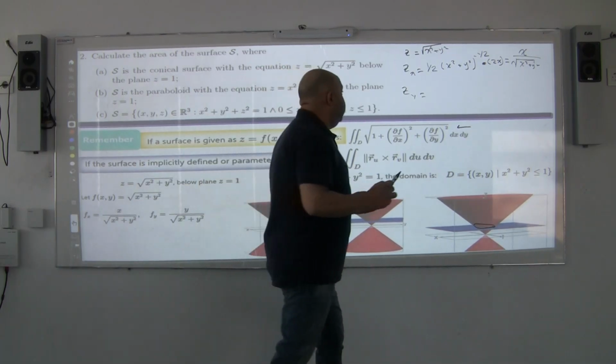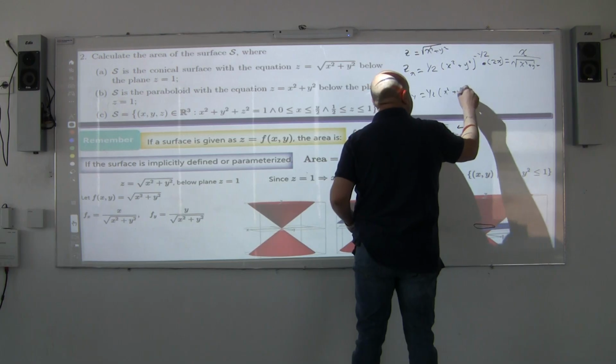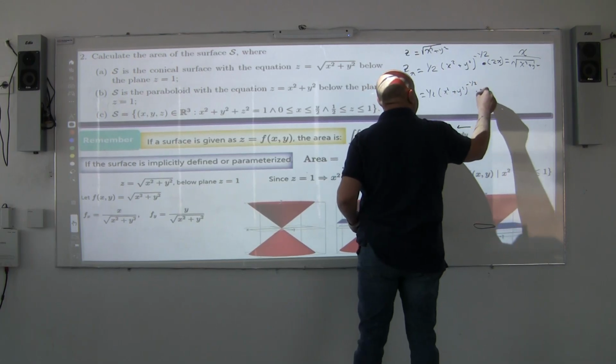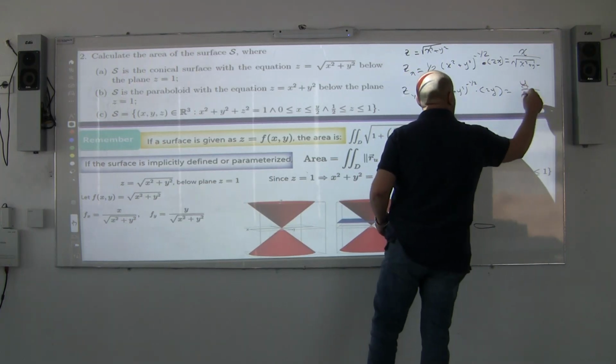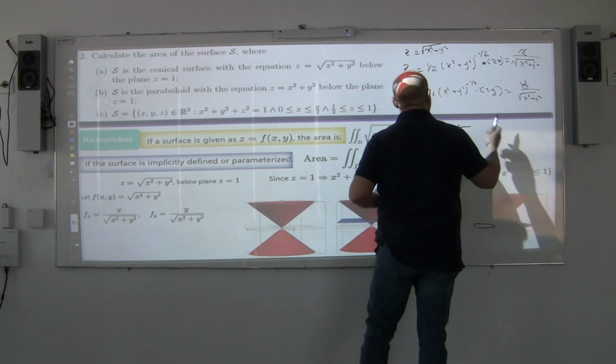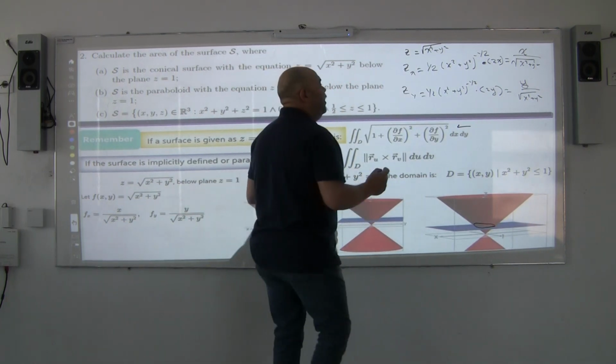In a similar manner, I will have half times x squared plus y squared to the power of negative half, but instead I will have 2y, which is going to be y divided by the root of x squared plus y squared. Squaring them both and adding, you will find a surprise here.